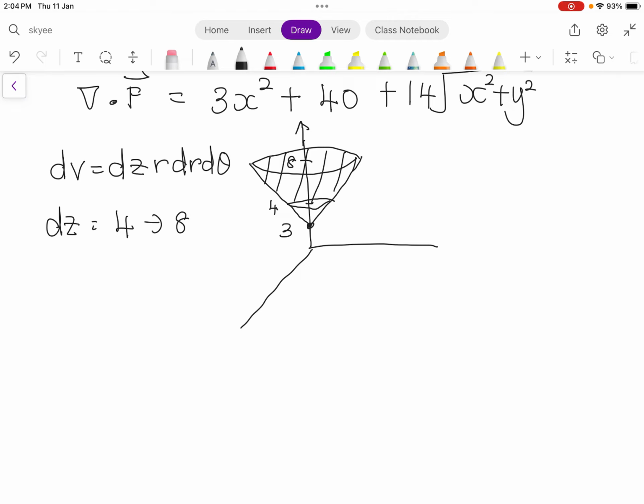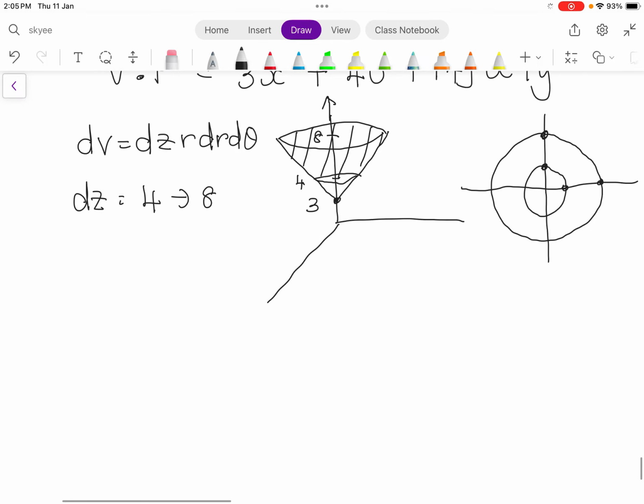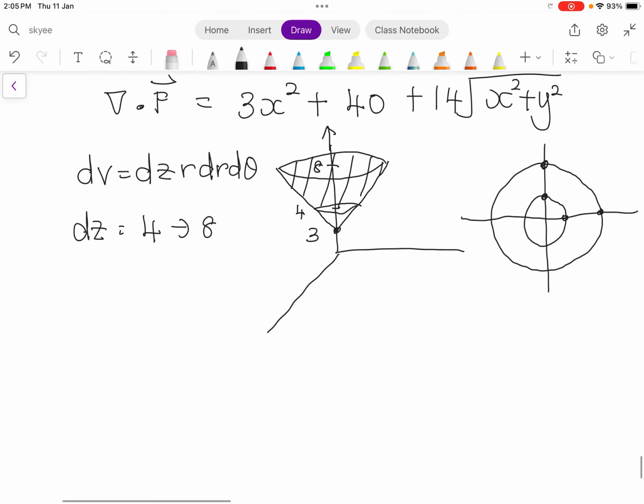For the dr and d theta, you need a projection view. You will see 2 circles: one at the top when z is 8, and a small one at the bottom when z is 4. You need to find their radius.